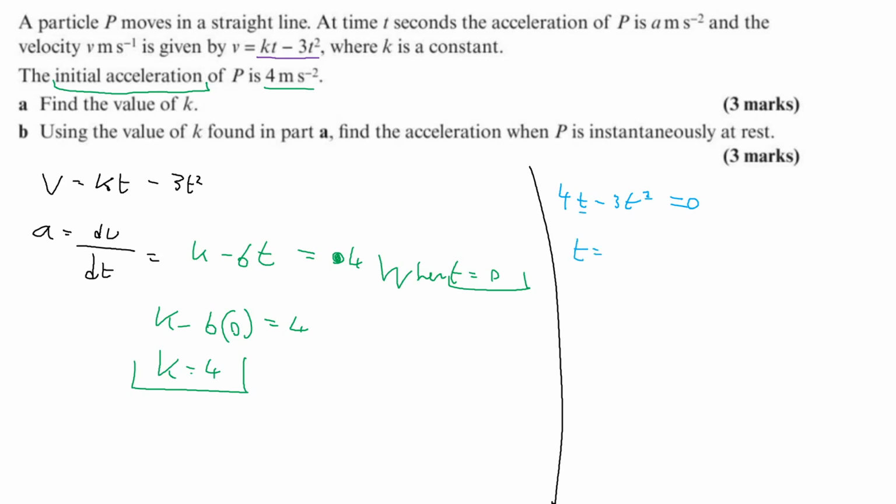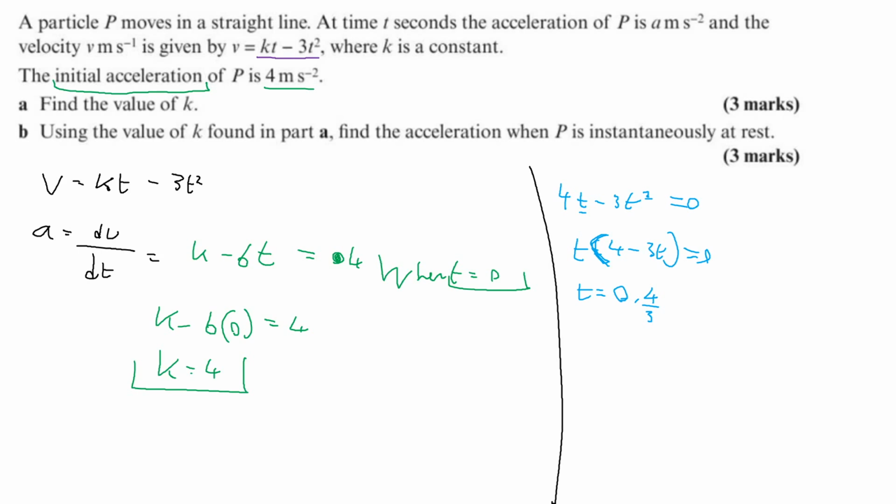We factor out t and we get t times (4 minus 3t), which means that t is either equal to 0 or is equal to 4/3. Those are the two times where it's stationary.